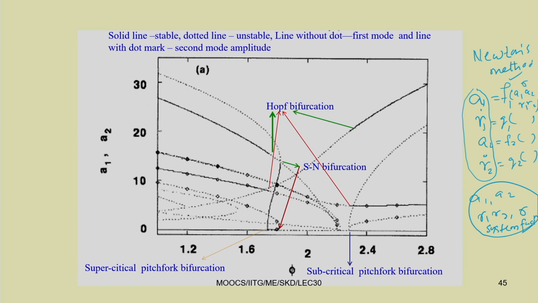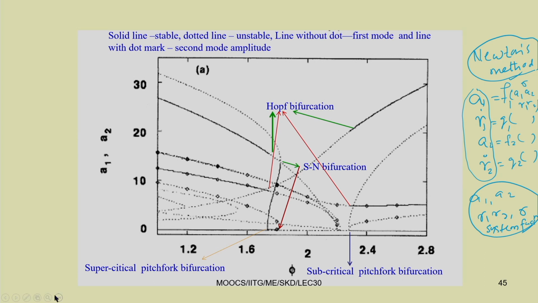We have already seen Newton's method. Due to the presence of multiple branches, depending on the initial conditions in Newton's method, it will go to a particular branch. So, you have to take several initial conditions to get the complete response.